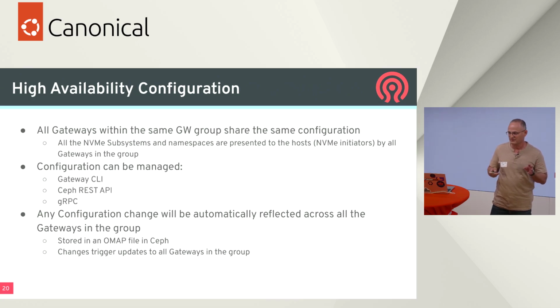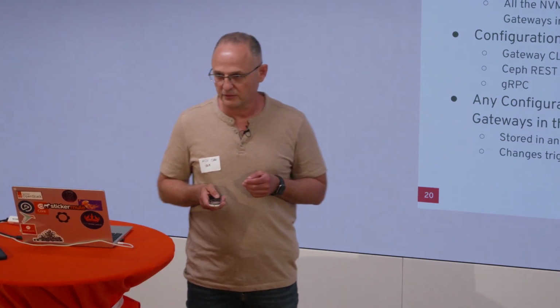SPDK is local to the gateway. One SPDK doesn't know about the other SPDKs, but we make this connection through the OMAP so that every configuration change is reflected immediately in all the gateways in the group.